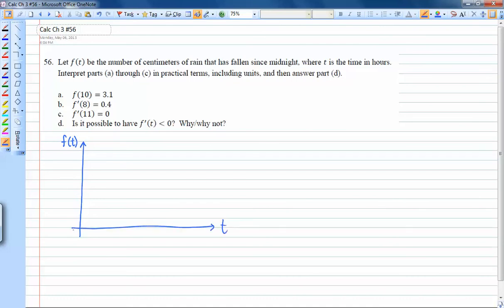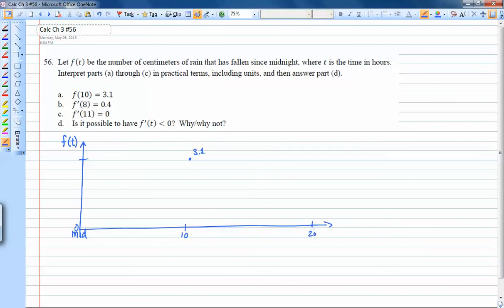And so this is midnight right here, which is time equals 0. And then at f of 10, we're going to be at 3.1. And we'll just keep it going here. We'll just pretend that this goes on for like, I don't know, 20 hours or so.